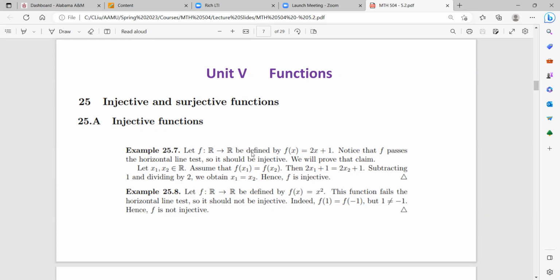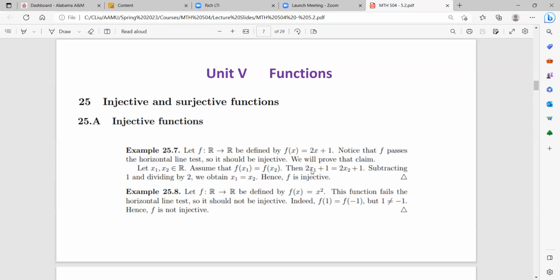So, you just pick two values x1, x2, and suppose f(x1) equals f(x2), then you should be able to prove that x1 is the same as x2.